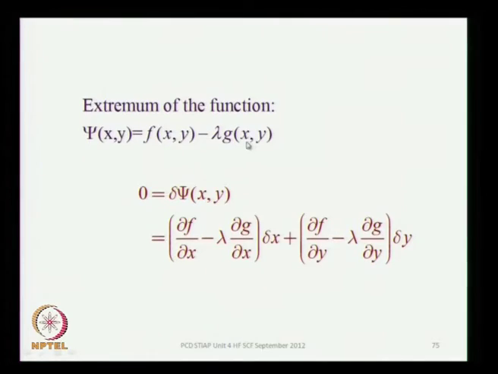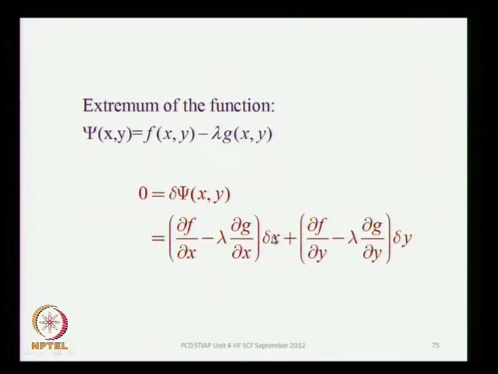If you were to seek an extremum of this function, it is very easy to see, we will do it. You have this f minus lambda g function, and the condition for the extremum of this function is that a variation in this function must vanish, and a variation in this function will be del f by del x minus lambda del g by del x times the increment delta x.